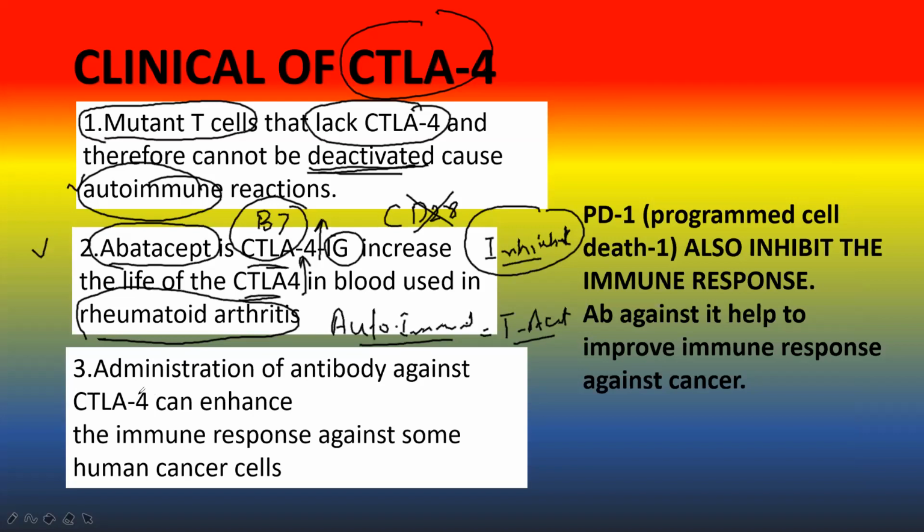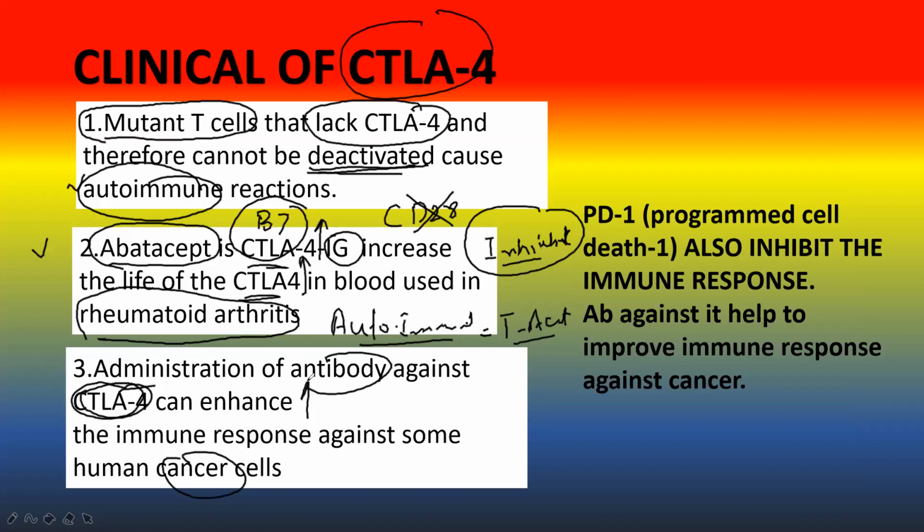Next, administration of antibody against CTLA4 also enhances your immune system against the cancer cell. It's also another clinical use here. So if you destroy CTLA4, listen, then what happens?